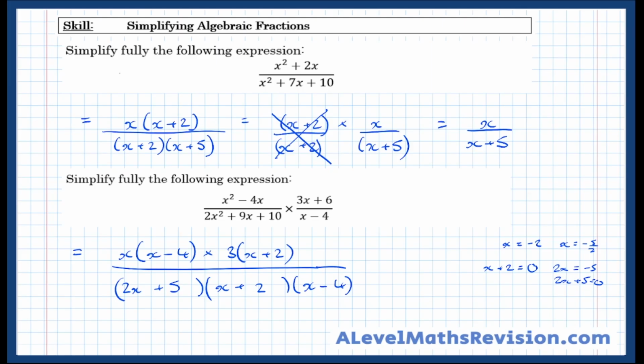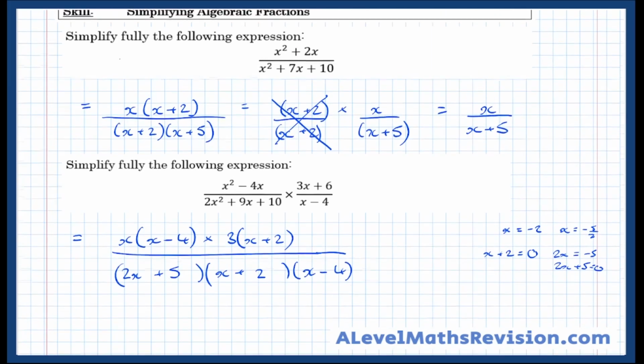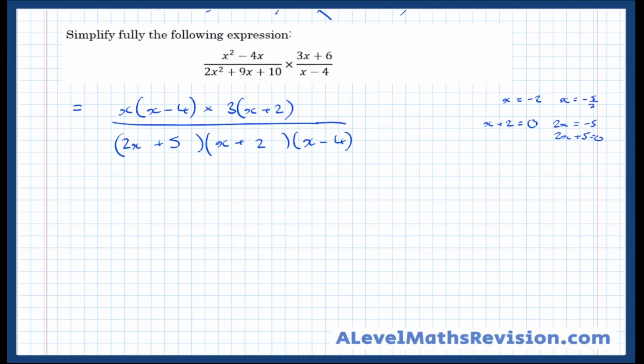So if we now start rearranging these to find hidden factors of 1, and that explains exactly why cancellation works. So I'll put the x minus 4s at the front, both of them there. So that's that one used and that one used. Then I put the x plus 2s there.